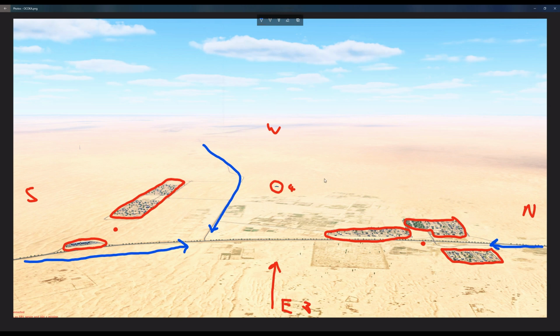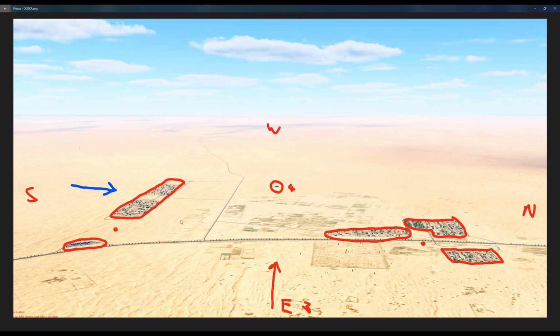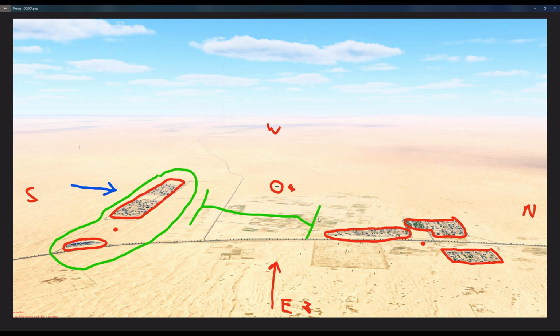Let's take another example of this. Say we are supporting an infantry attack that's taking place on this southern settlement from the south. As helicopter pilots, we're going to be focusing on these southern elements here, but we're also going to be focusing in here, because we're looking for enemy forces that are moving towards the objective area across this avenue of approach from this strongpoint or key terrain here to this key terrain here in order to reinforce that position against attack.